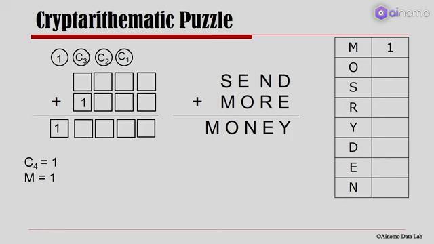If I focus on the second column, I can see that I have a constraint between C3, S, and O. M is already known to me to be 1, and it is required that I carry forward a 1. So the number here would be 10 or something more than 10.